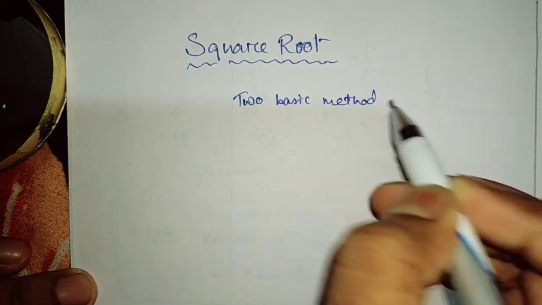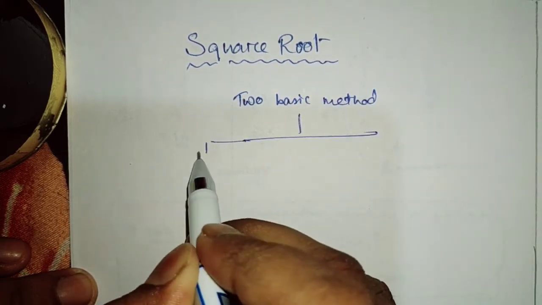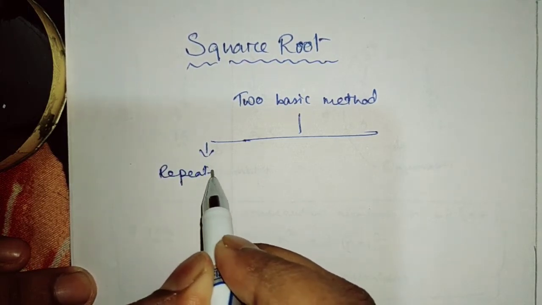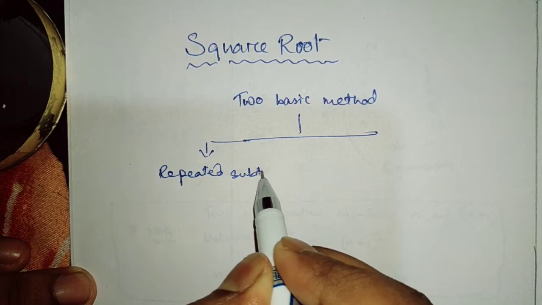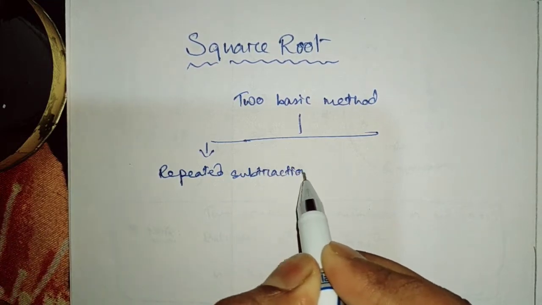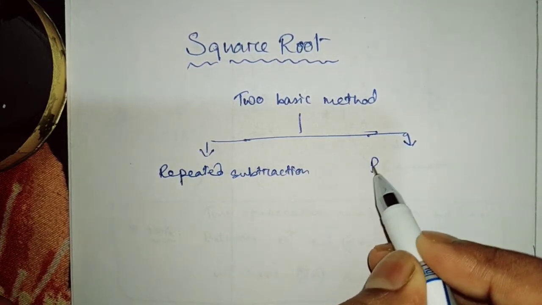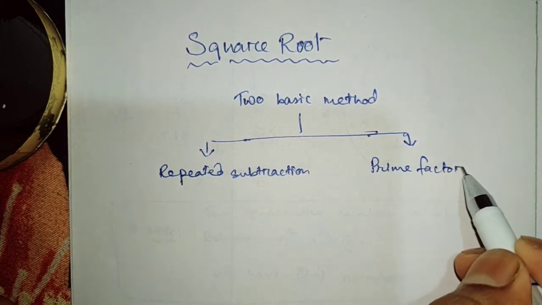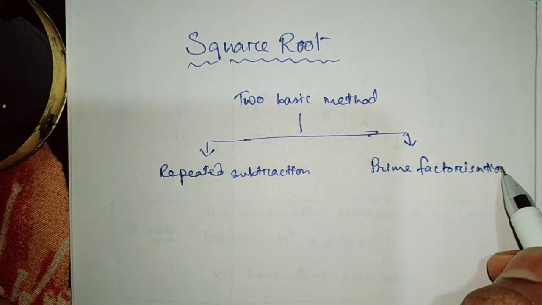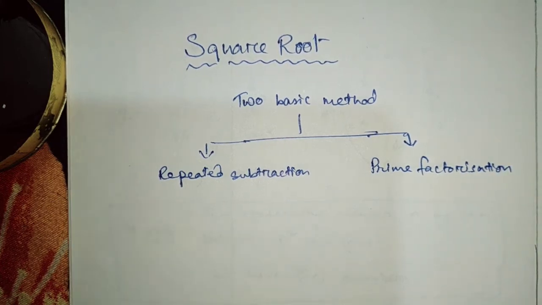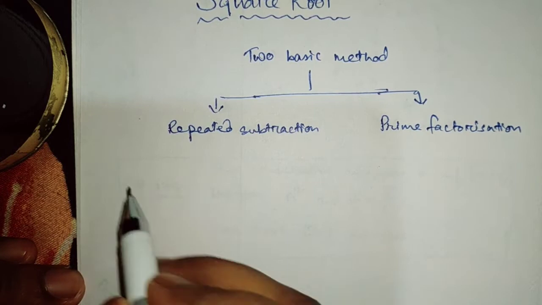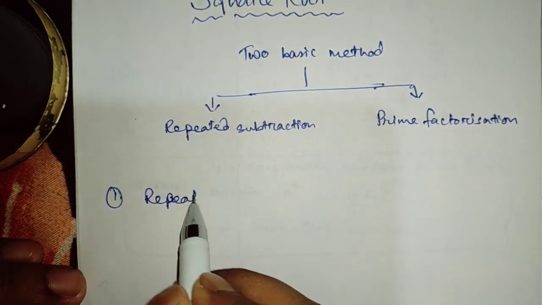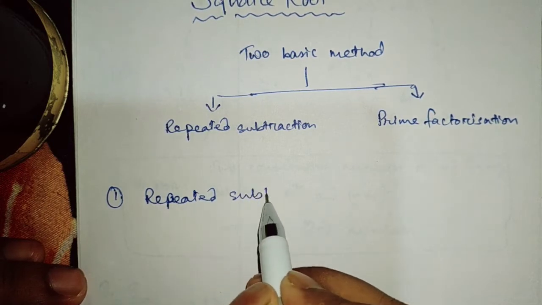Number one is repeated subtraction and number two is prime factorization. Let us first discuss the first method, that is repeated subtraction.